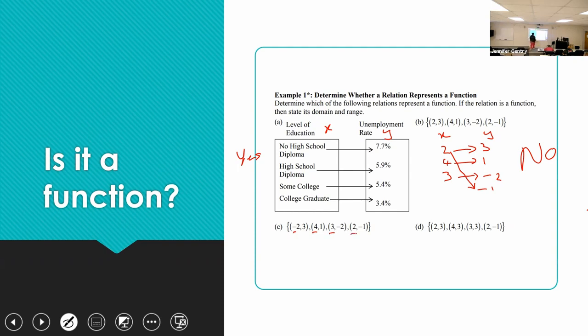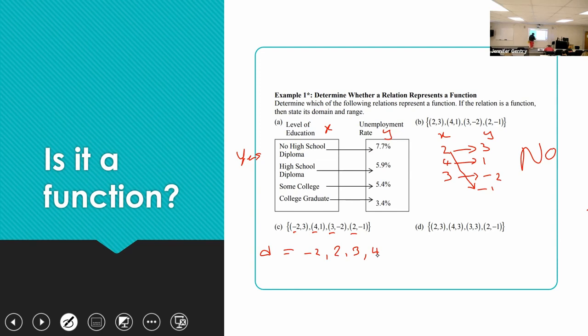Okay. Now, let's look at C. If I was going to look for the domain of C, what would that be? What values are the domain? -2, 2, 3, and 4. Perfect. Right? My x's, my domain.